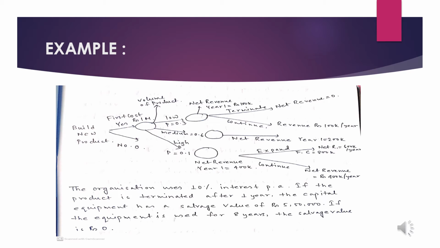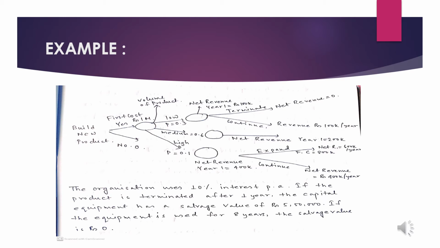Now, the decision which the organization needs to take is whether the new product should be built or not. And most importantly, it needs to find out the product's expected present worth value. These are the things that we need to calculate. The other criteria given to us is that the organization uses a 10% interest rate per annum.